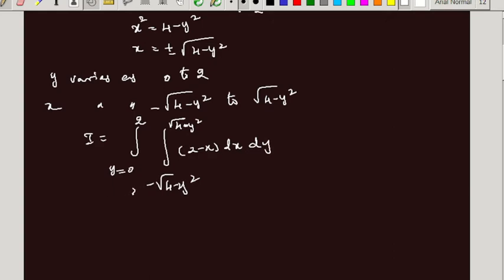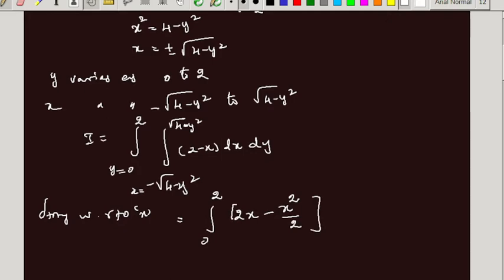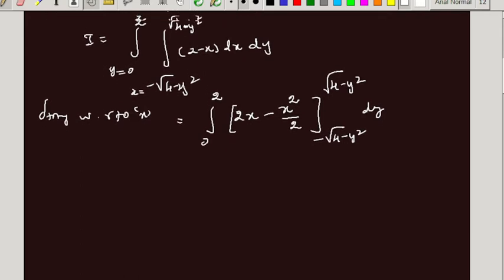So what we get: the integral limit is 0 to 2, the integration of 2 is 2 into x, minus the integration of x is x square divided by 2. The limit is minus square root of 4 minus y square to plus square root of 4 minus y square, and we must integrate with respect to y further.